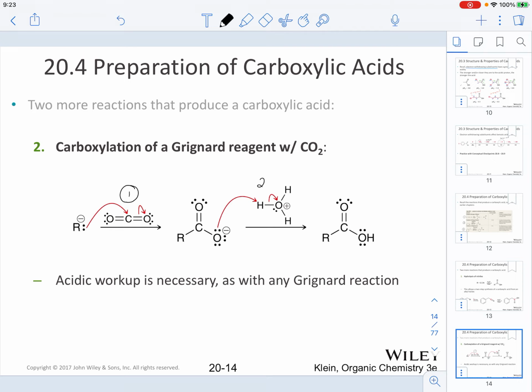In the second step, the carboxylate that was generated from the first step can be protonated to create the carboxylic acid. Understand that the second step, that acidic workup, is necessary with any of these reactions, because that's what is going to protonate specifically our carboxylate ion and produce the carboxylic acid.